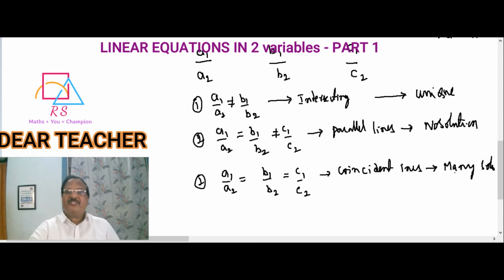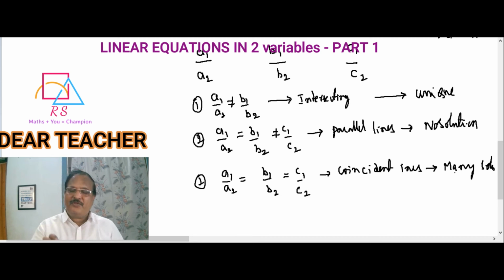So questions will be like this. They will give a set of equations. You have to check whether the system has a unique solution or no solution or many solutions. You don't need to solve it. You just find out A1 by A2, B1 by B2 and C1 by C2.